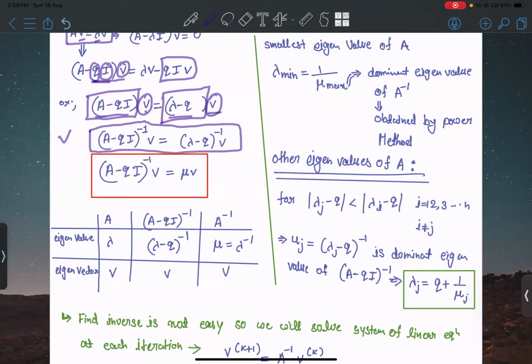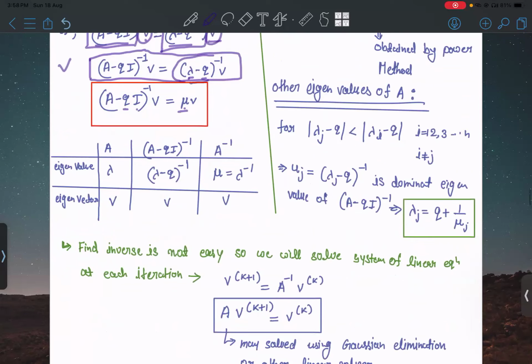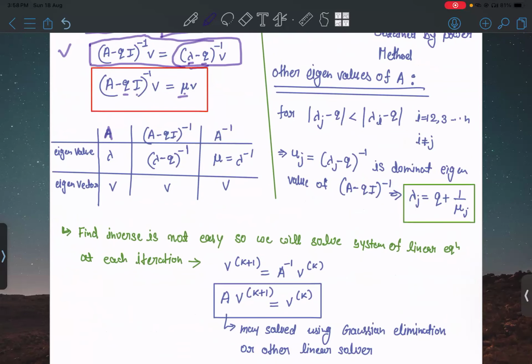If I write this whole term, lambda minus q, as mu, then A minus q I inverse V equals mu V. So if A is my matrix, its eigenvalue is lambda and eigenvector V. For this square matrix, the reciprocal of lambda minus mu will be my eigenvalue and V will be my eigenvector.